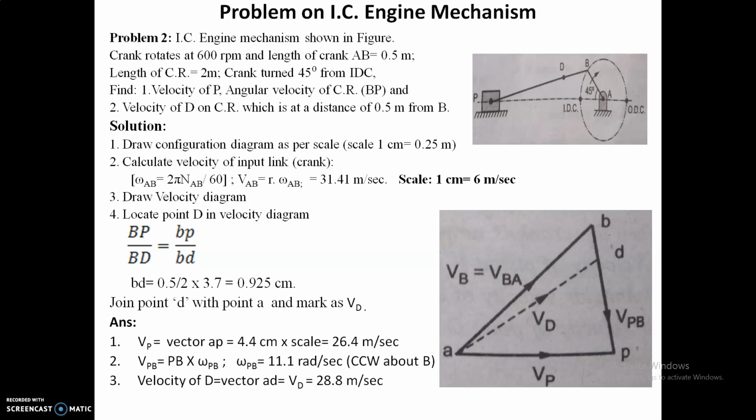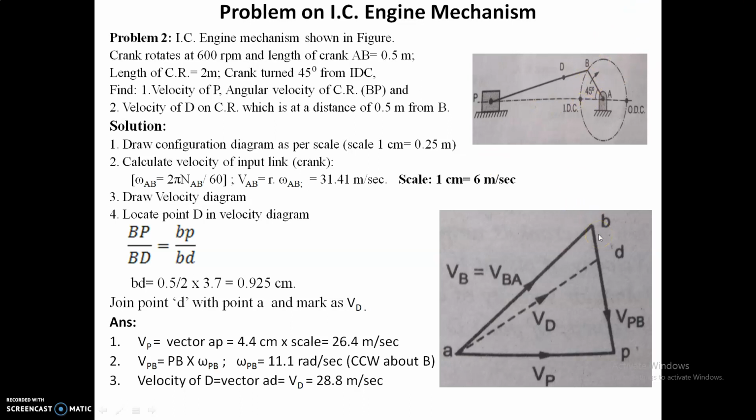The direction of the connecting rod is always perpendicular. So you know the B point. You don't know the P, that is a slider. You have not located the position of the P point till now. So you know the point B. So the velocity of the connecting rod is again perpendicular, passing through the small b.